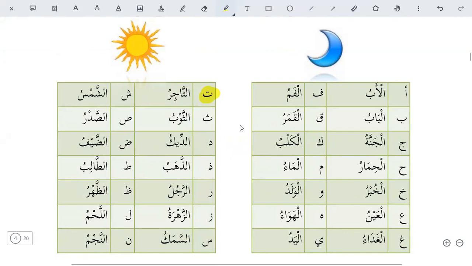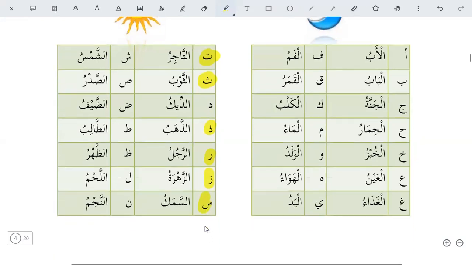At-tajiru, as-saubu, ad-diku. These nouns all begin with solar letters. So when you find these letters after lam, we will not pronounce the lam.